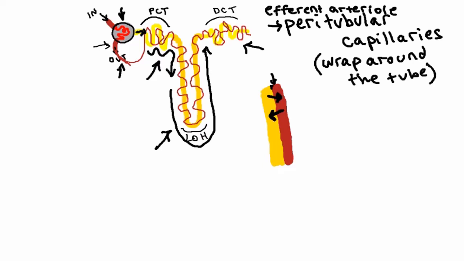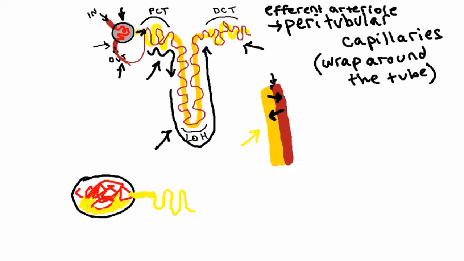So with the Bowman's capsule, you have the capillaries in it, and the capillaries squeeze the waste out in the form of filtrate. Then the filtrate goes through these tubes, and that's when it goes back and forth between the peritubular capillaries and the tube, getting filtered again and again.